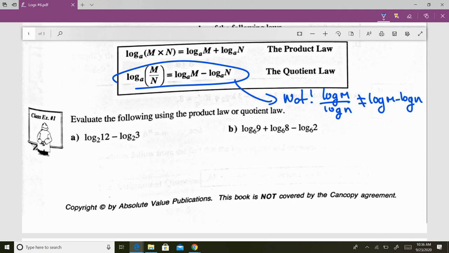So this becomes a single logarithm, log base 2, and divide the arguments. So 12 over 3. What's 12 divided by 3? 4. Can 4 be made into base 2? So what's my answer here? 2.